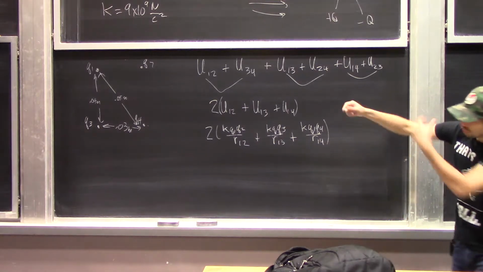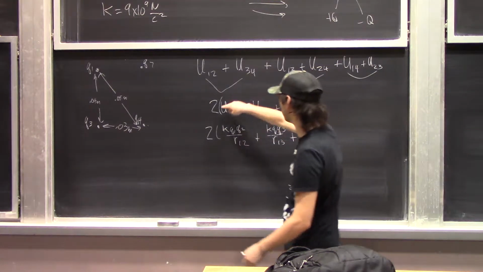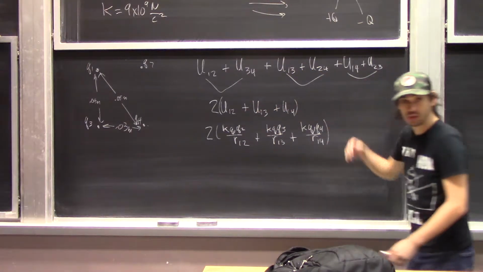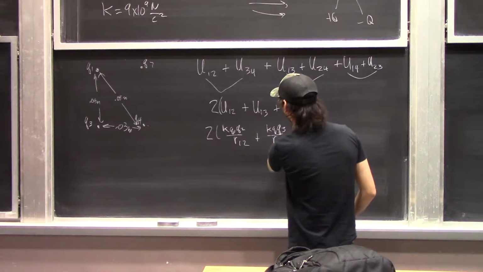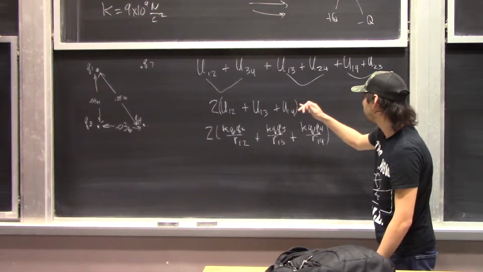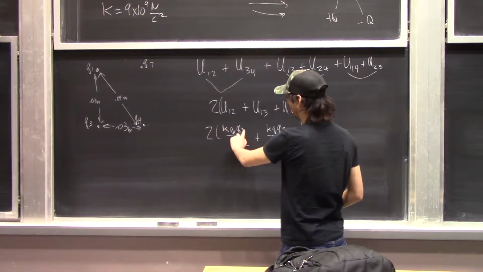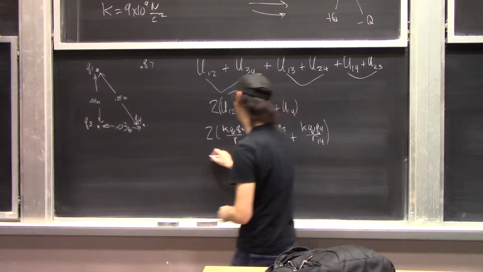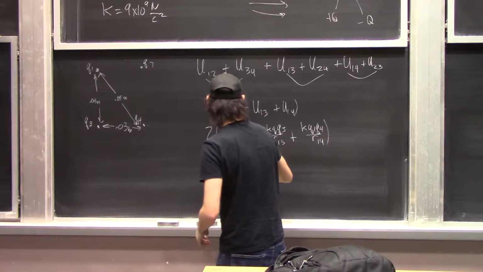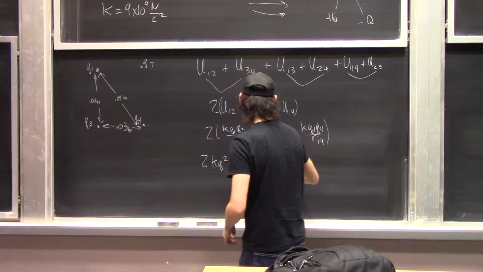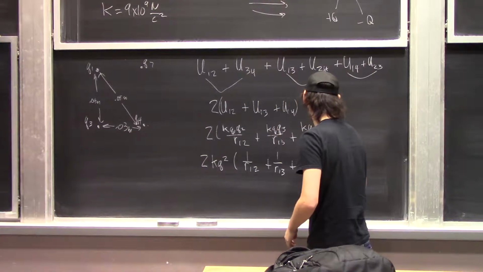And there's a reason why I'm doing it like this instead of writing each one of these, this equals this, this equals this, this equals this. That's because, like I said, there are common factors here. And so the advantage to doing that is I can factor out the common factors. I can factor out K, I can factor out the Q. All these Q's are the same. So this is going to be 2KQ squared times 1 over R12 plus 1 over R13 plus 1 over R14.